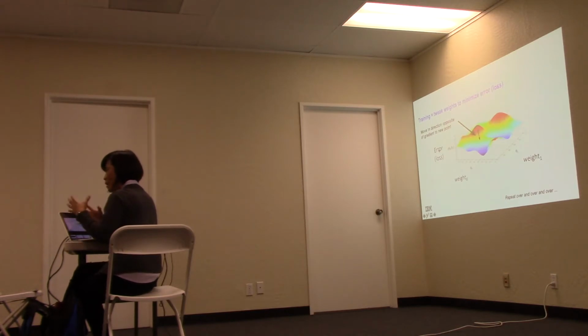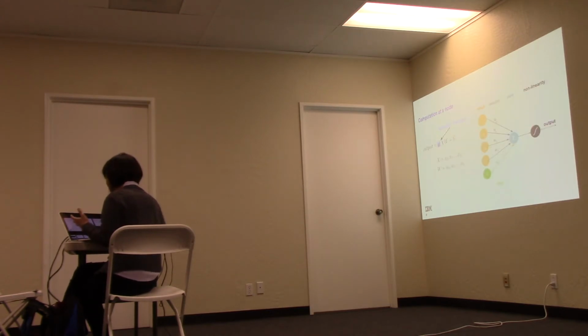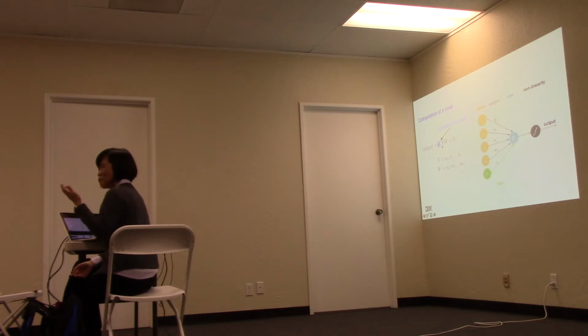And then we talk about how we optimize the model. What does it mean to optimize the model? In math, a linear equation, I guess everyone knows, is y equal to wx plus b. Usually in math, what is the unknown in that equation?